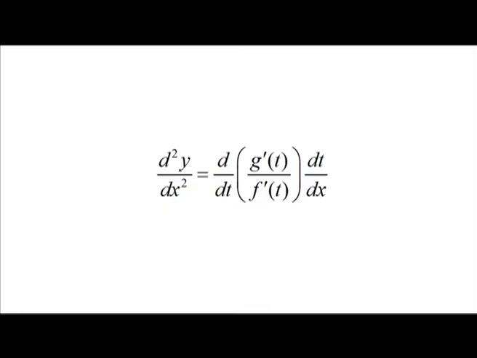Then, by the chain rule of differentiation, d square y by dx square is equal to d by dt of g prime t by f prime t times dt by dx.